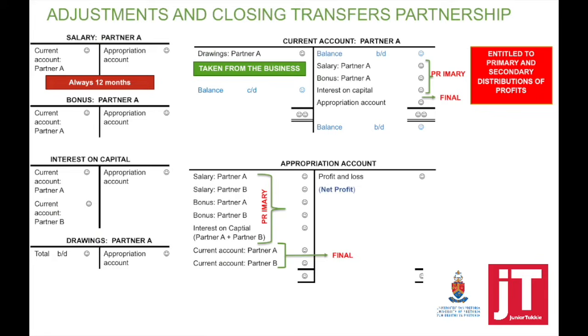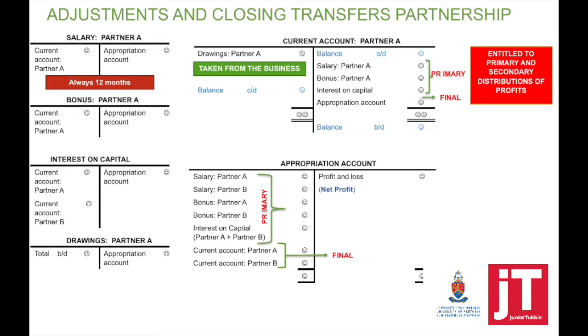In a partnership, partners are entitled to a primary distribution of profits and final or secondary distributions of profits. Why is this? We've got different types of partners, meaning some partners are actively involved in the business and other partners could be silent partners.